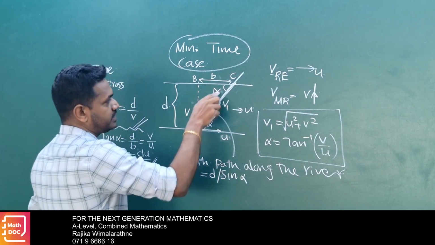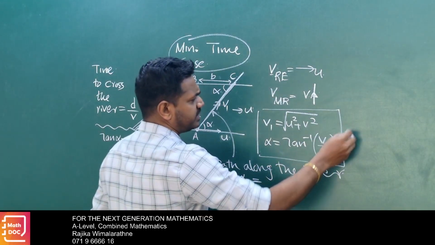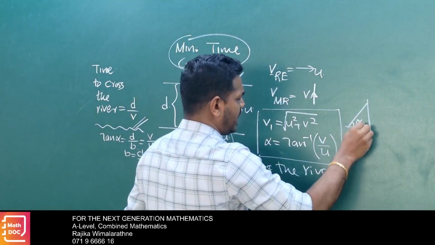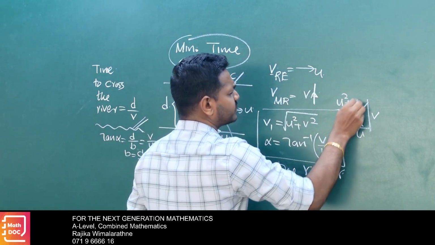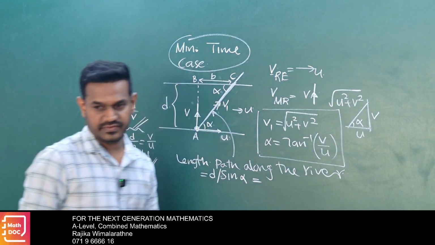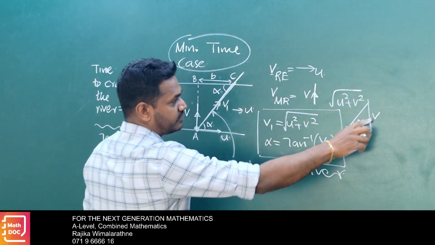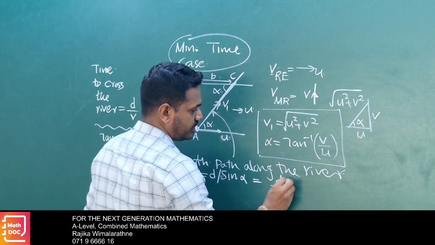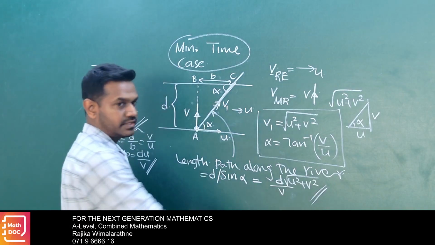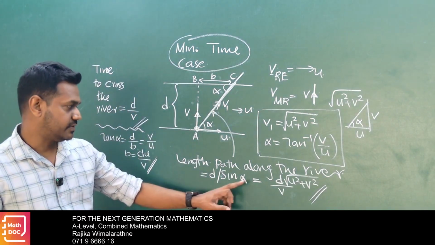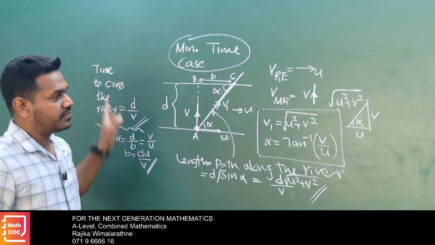You can find sine alpha from this: tan alpha is v over u, so sine alpha is v over the square root of u squared plus v squared. Then d over sine alpha is d times the square root of u squared plus v squared, divided by v. This is the length of the path along the river. You had better put that one.